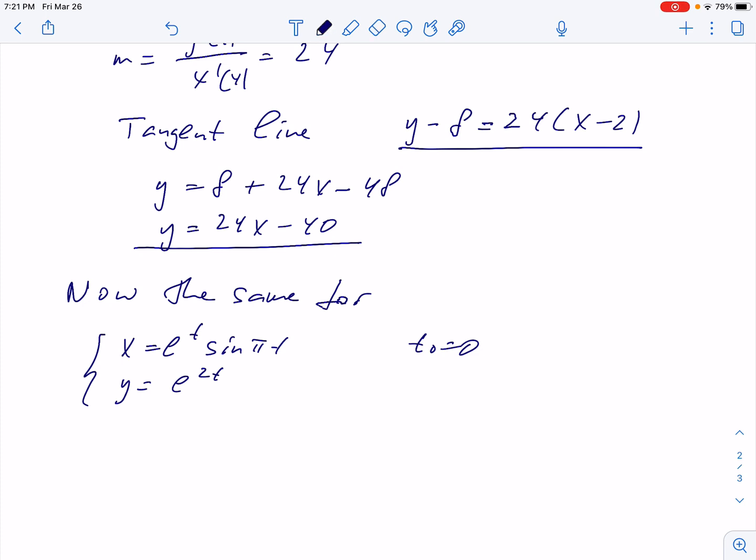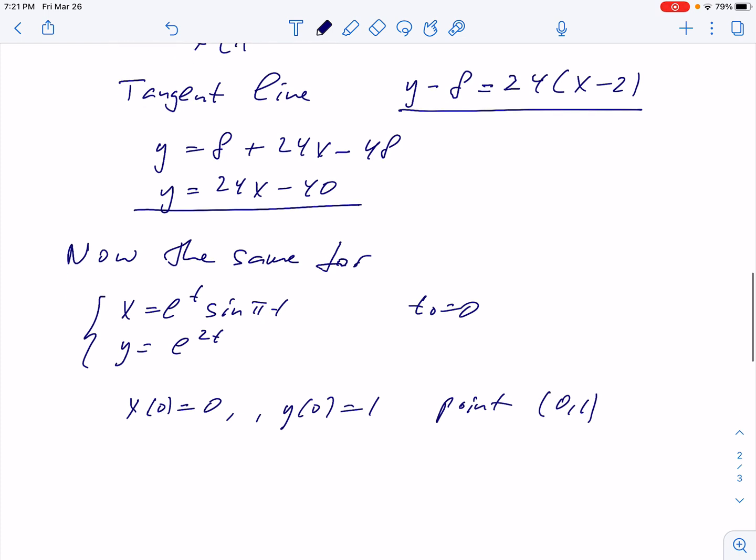The point x0, y0. So x of 0, well, this will be 0. Sine 0 is 0. y of 0 is 1. So the point is (0, 1). We want the tangent line at this point. Here x prime of t, using the product rule, is e to the t sine pi t plus e to the t times the derivative of the sine.